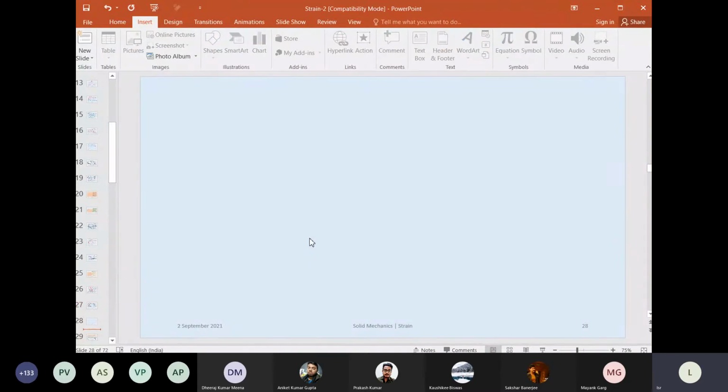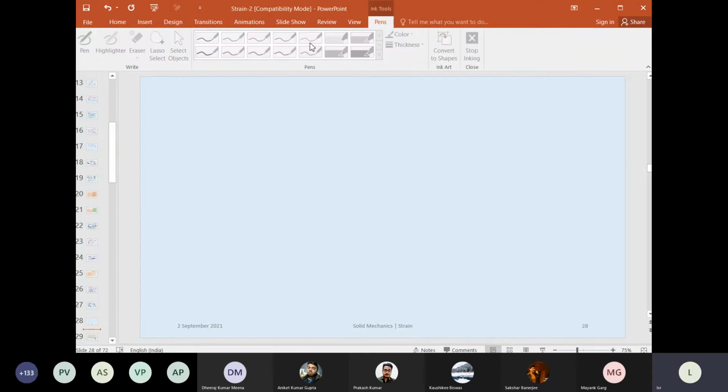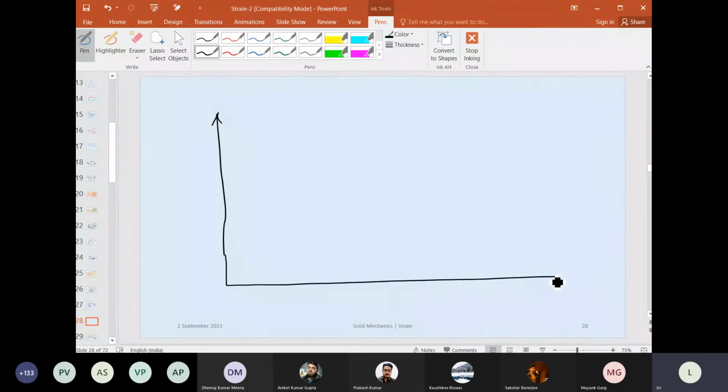But instead of that, for the actual tensor shear strain, take the x y axis, our element of small delta x length and delta y width.